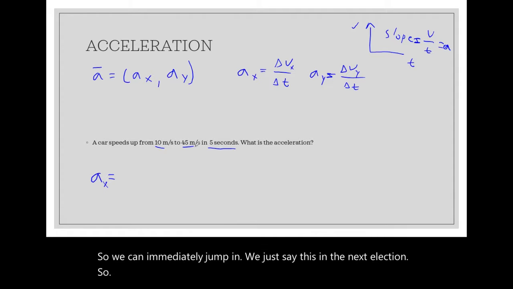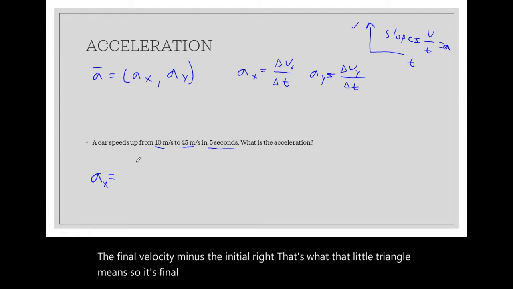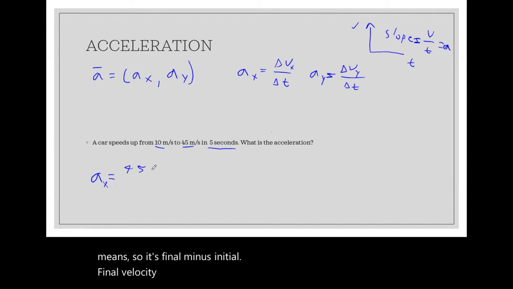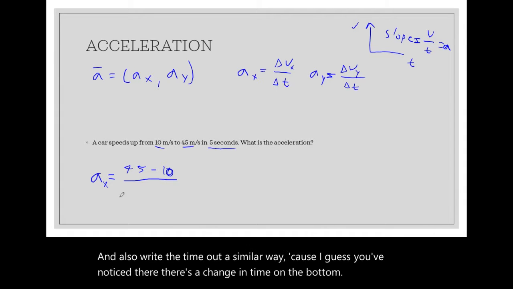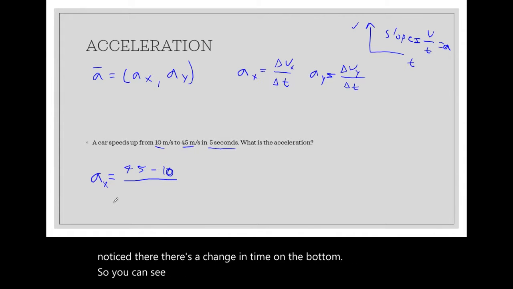So the final velocity minus the initial, right? That's what that little triangle means. It's always final minus initial. So final velocity is 45 minus the initial, which is 10. And I'll also write the time out a similar way, because I guess you've noticed there's a change in time on the bottom. So you can assume that this is the final time minus the initial time.